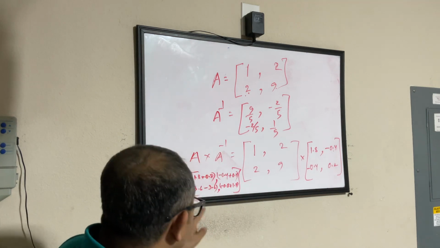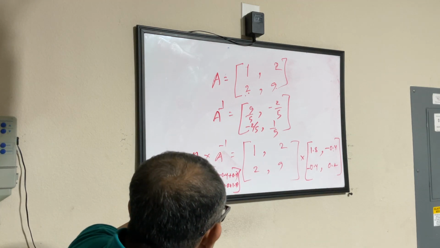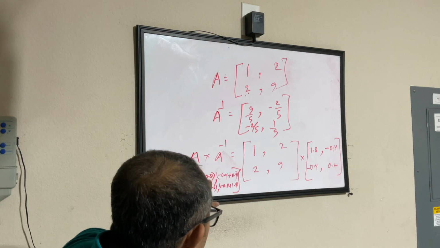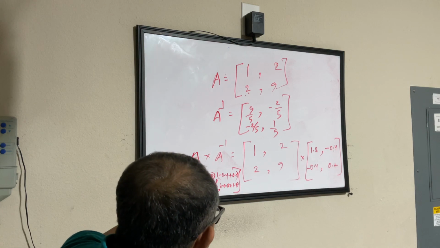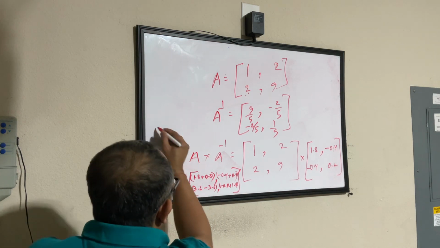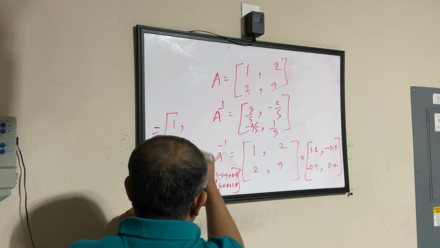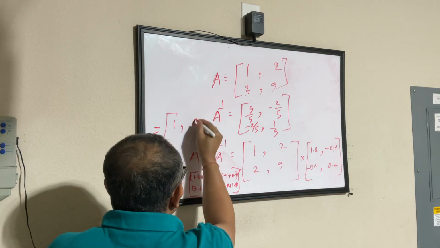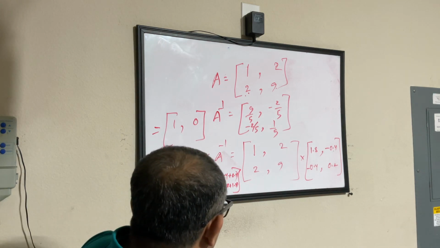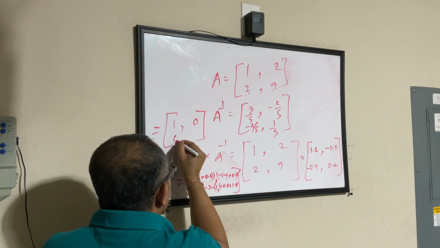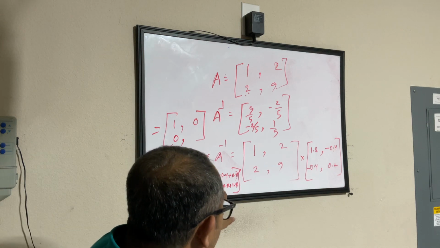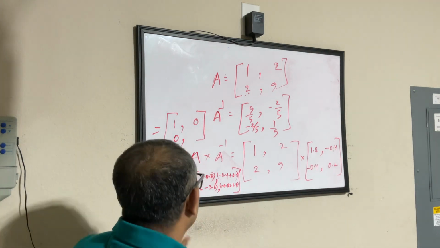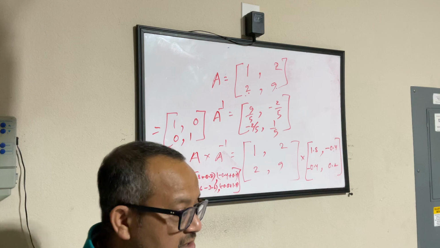So this is 1.8 minus 0.8. The first term became 1. Minus 0.4 plus 0.4 became 0. 3.6 minus 3.6 became 0. Minus 0.8 plus 1.8 became 1. Isn't this identity metric?